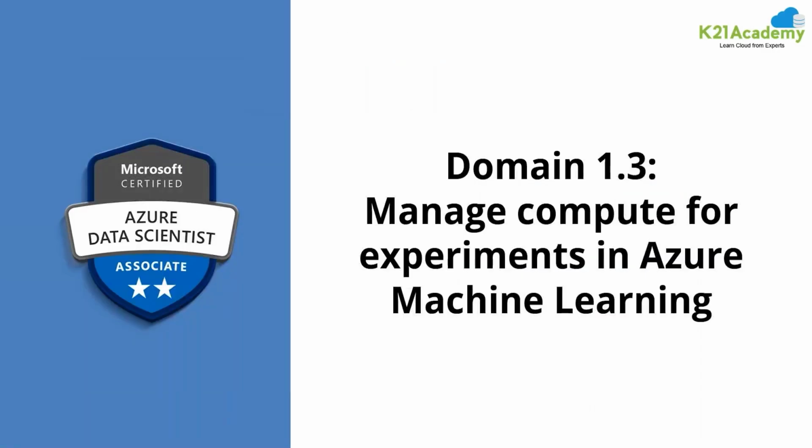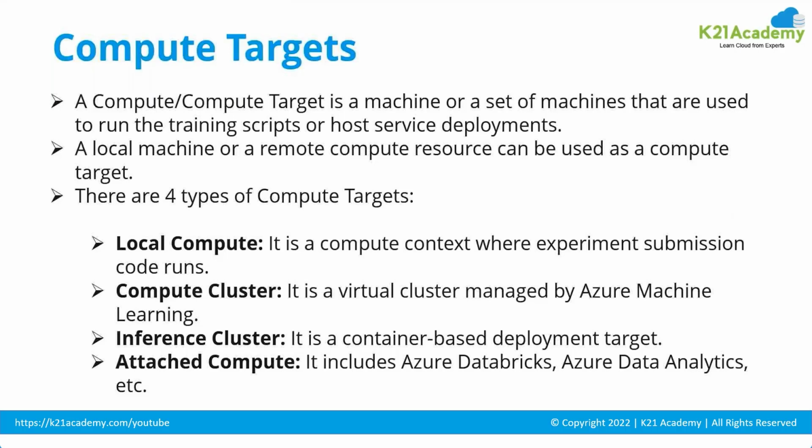Okay, so then let's talk about compute, which is one of the main things, all right? So compute or compute target is a machine or set of machines that are used to run your training script. To put it simply, anything that you want to process or run, you need compute power. That's like electricity.